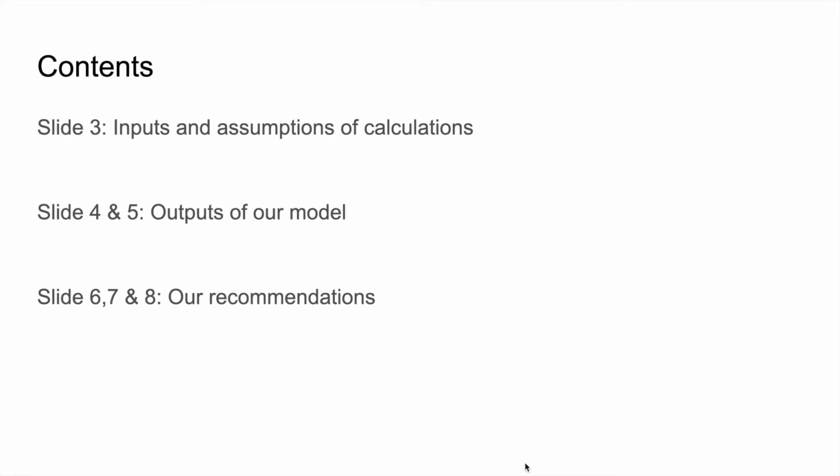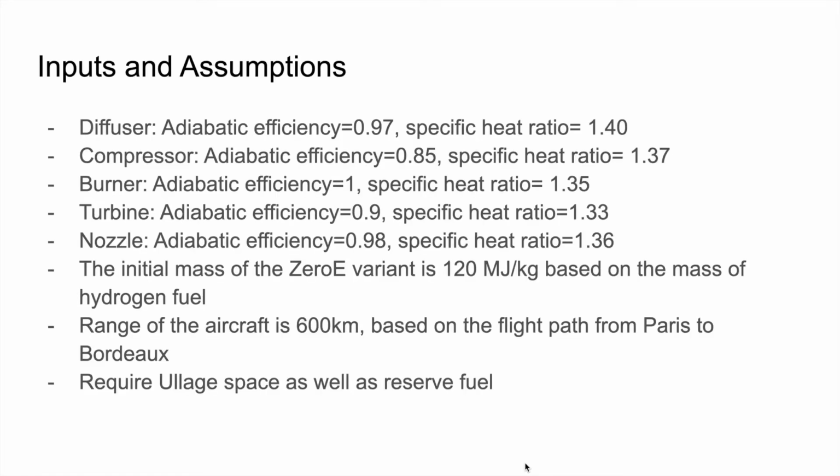Firstly, we'll go through the inputs and assumptions used for calculations, then the outputs of our model, and then finally the team's recommendations. For the inputs and assumptions, we've divided the components into different parts, and each one of them had a different adiabatic efficiency and specific heat ratio. For the specific heat ratios, we've used values between 1.33 and 1.4.